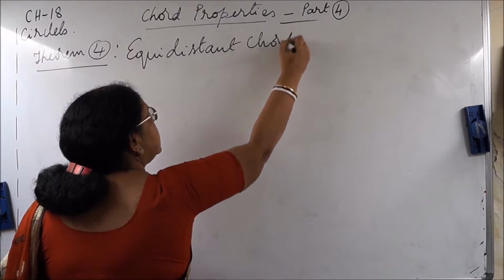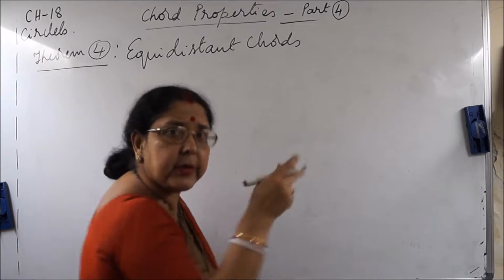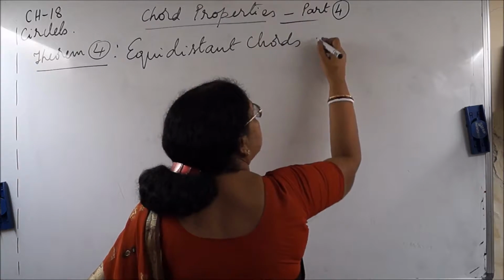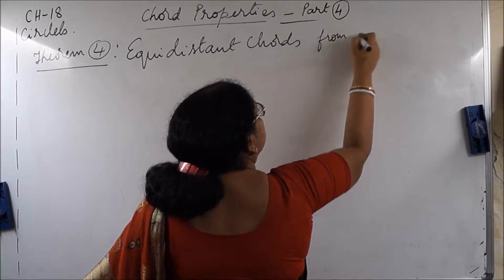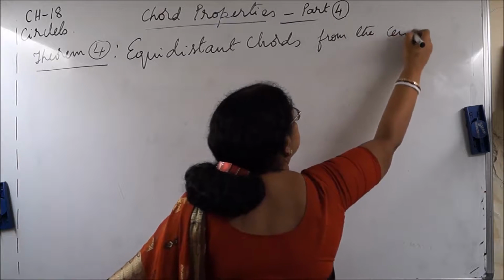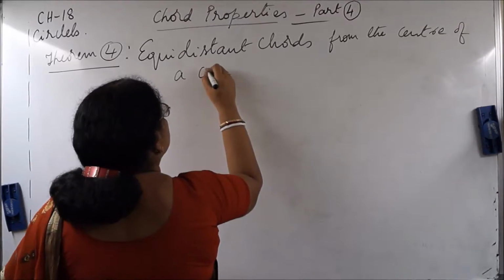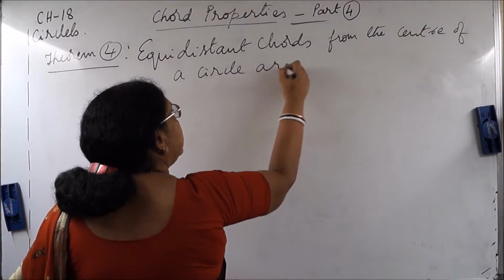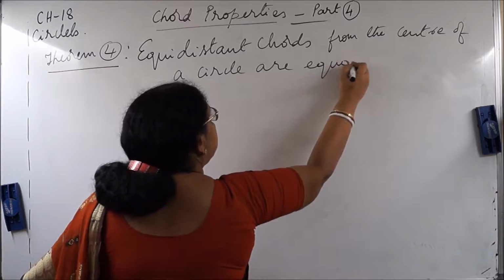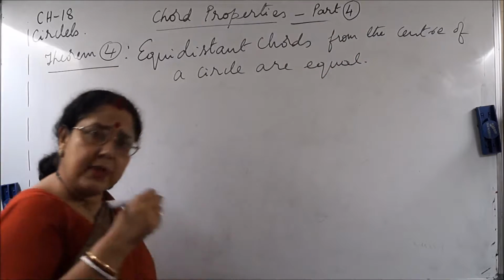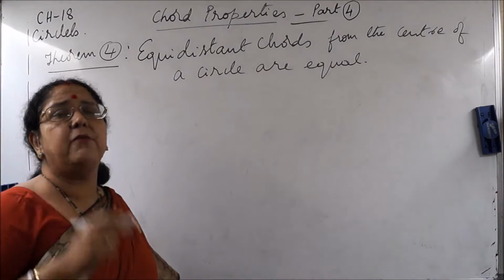Equidistant from where? From the center of a circle are equal.